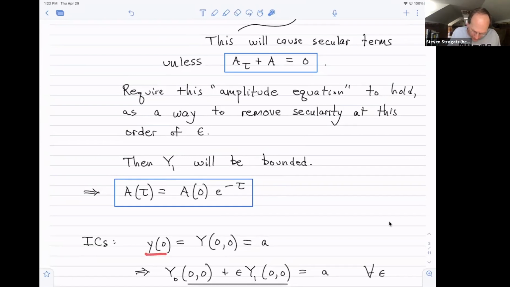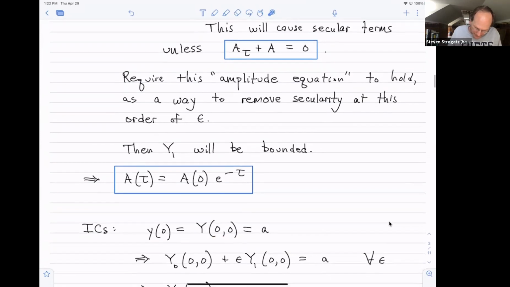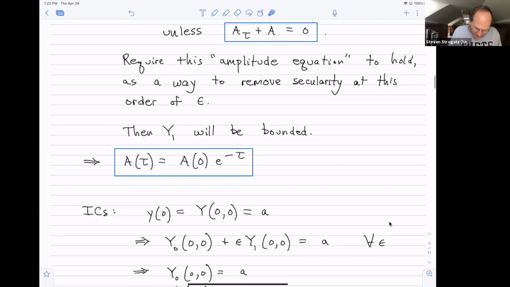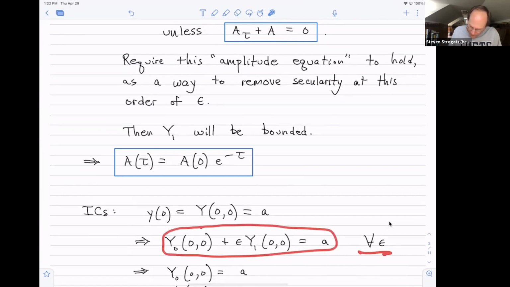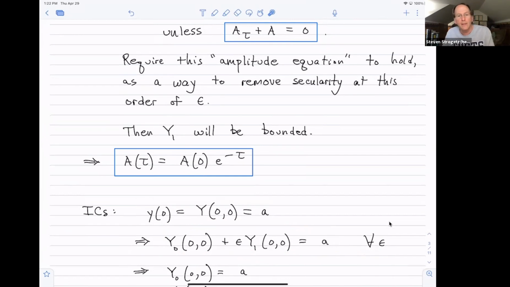We said y of 0 is some constant A. And so in terms of t and tau, that means y of 0, 0 is A. Remembering that y is y0 plus epsilon y1, we have this condition equals A, but that's supposed to be true for all epsilon. So this is regarded as an equation between power series.